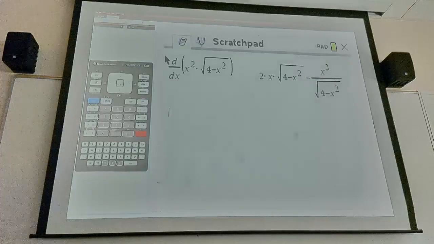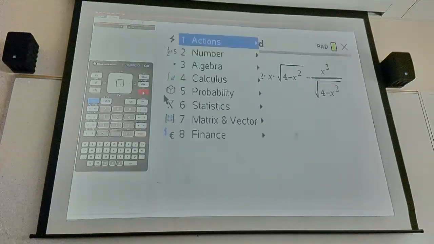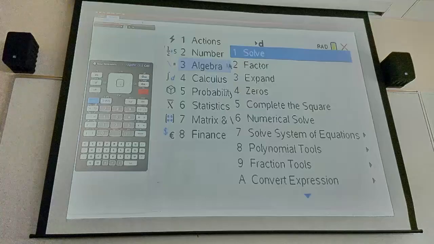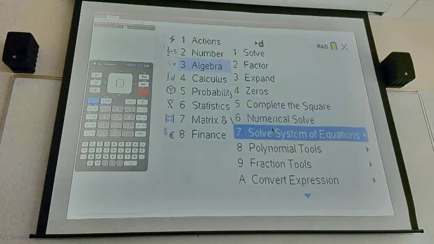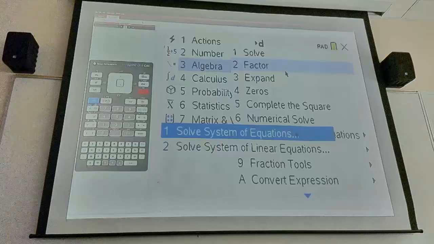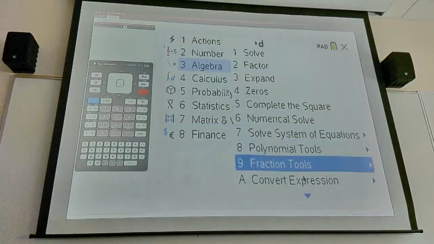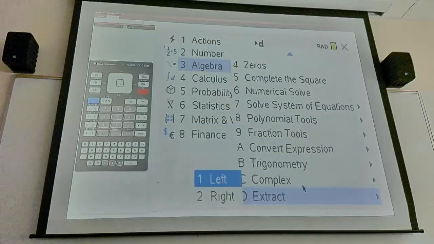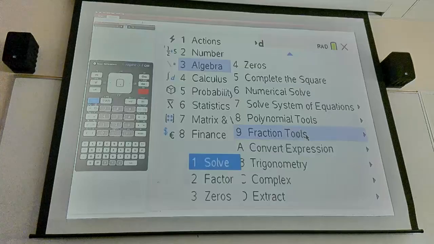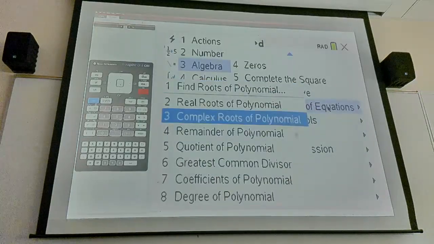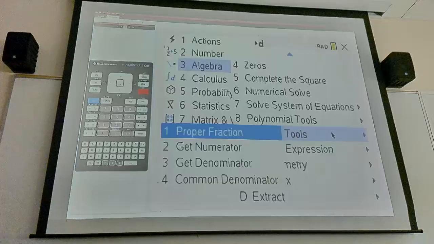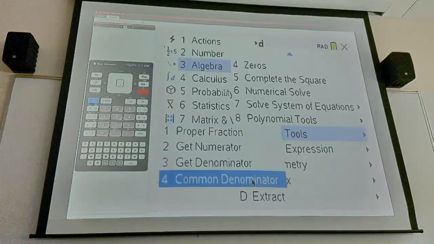Will it let me, if I do this, algebra, denominator is.